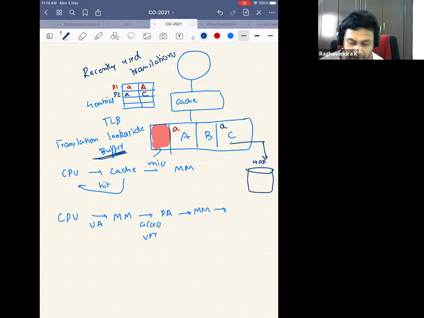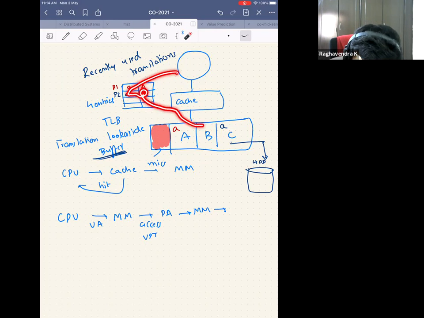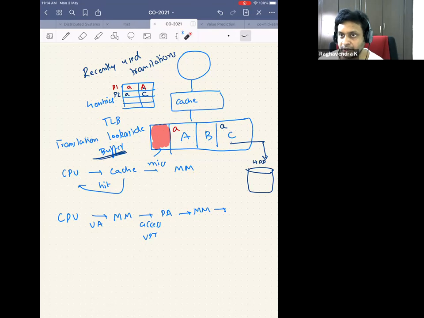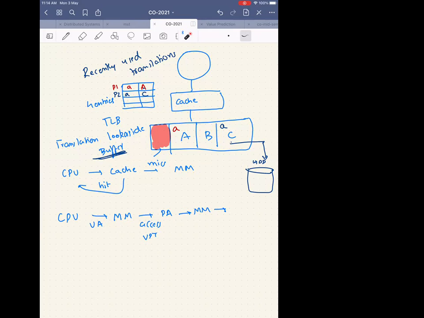Now when the CPU generates an address, this A is translated to capital C. Maybe it is not there in the cache, and then you go and read it, right? So where are you checking whether it is present or not? Now it's a wrong value, so you can't do that. You have to remove this entry. When I say remove, you just put the valid bit as 0. That's all. Is this okay?